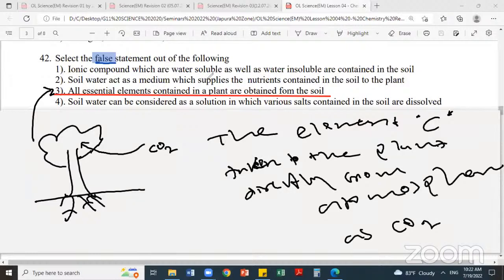So ionic compounds which are water soluble, as well as, who can tell me a water insoluble ionic compound? Any volunteers who can tell me a water insoluble ionic compound? Most of the ionic compounds are water soluble. Salt, common salt in the kitchen, is water soluble. Yes, who can tell me the answer?